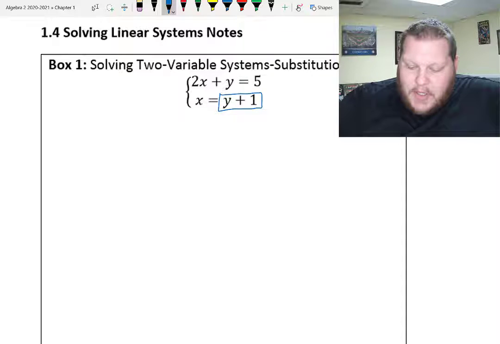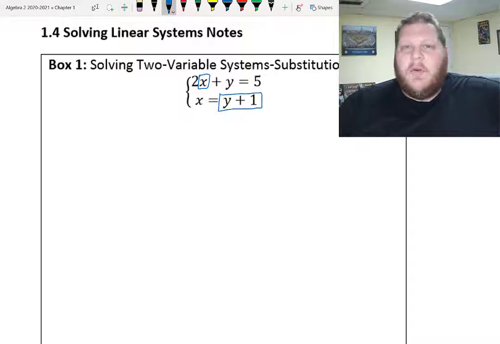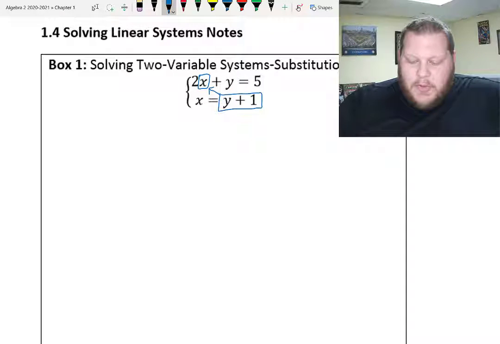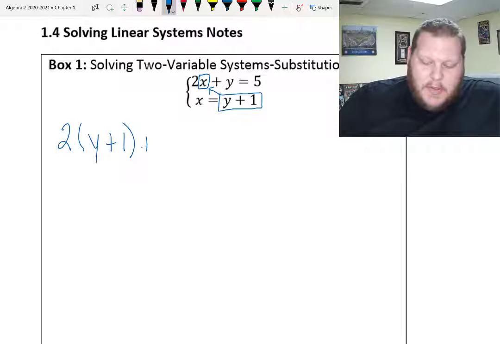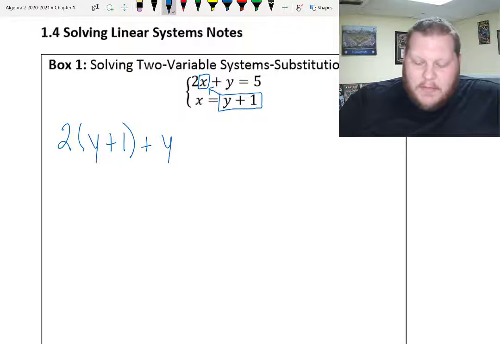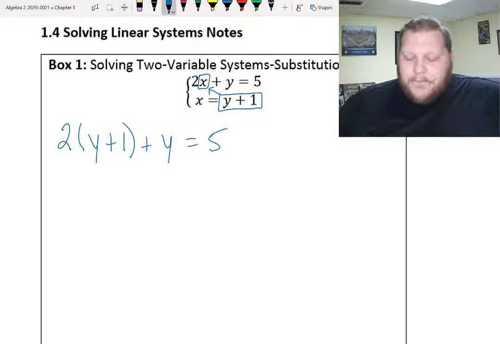So in my top equation, I'm just going to substitute y plus 1 in there for that x value. I'm going to plug it right in here. When I do that, my new top equation becomes 2 times y plus 1 plus that same y is still there equals 5. So 2 parenthesis y plus 1 plus y equals 5.